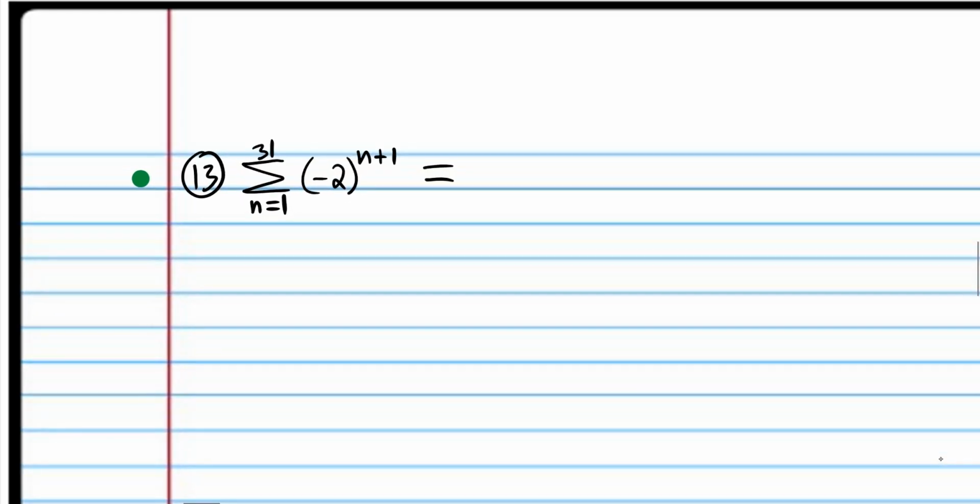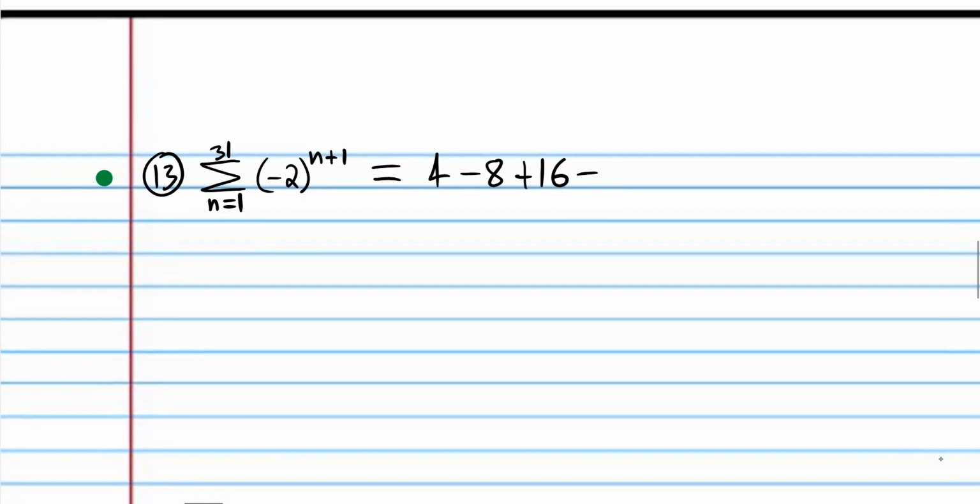Okay, we're back. So if you plug in 1, you get 4. And if you plug in 2, you get negative 8. And if you plug in 3, you get positive 16.